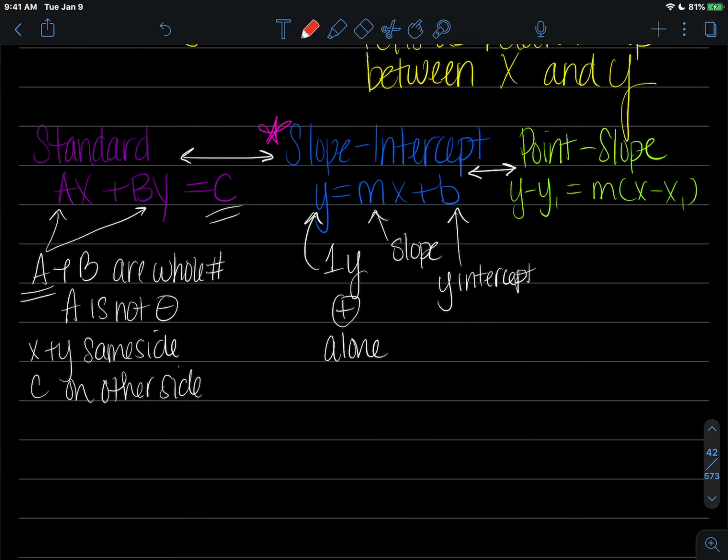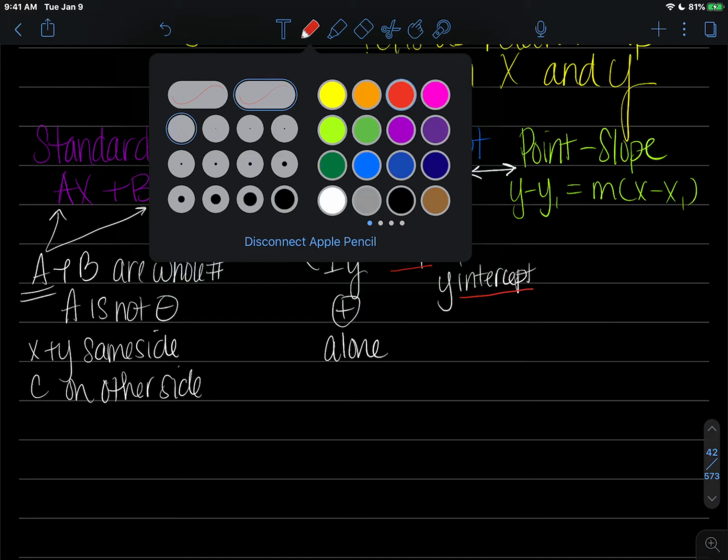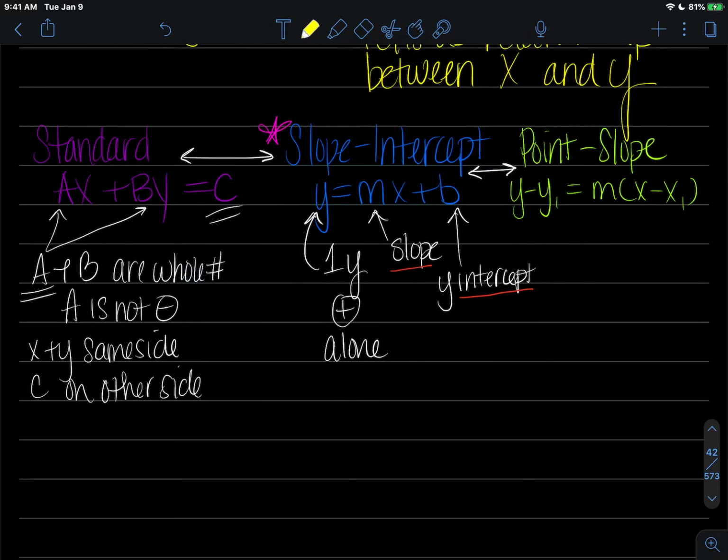Notice slope-intercept. That's where it comes from. It's got an M and a B. Now, this one over here, we're not going to go into too many details, but essentially, the ones that I'm putting an arrow under are the only ones that you plug in, okay? And then you can rearrange to get one of the other two.